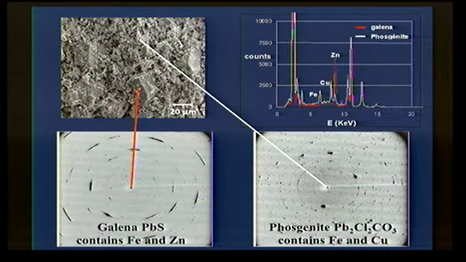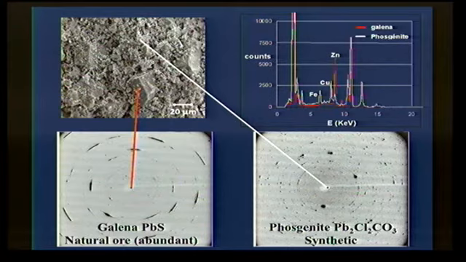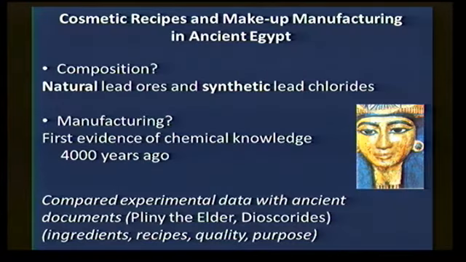And what we found out is that this material is a natural ore. It's very abundant in nature. So it's coming from the mines along the Red Sea coastline. But this material here was synthesized. And this is the reason why the impurity content was completely different. So we had clear evidence that the productions or the origins of the materials were different.